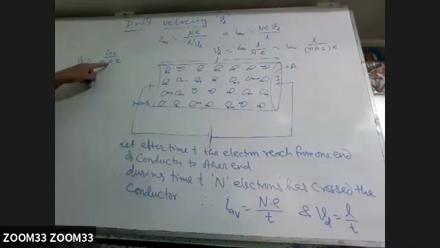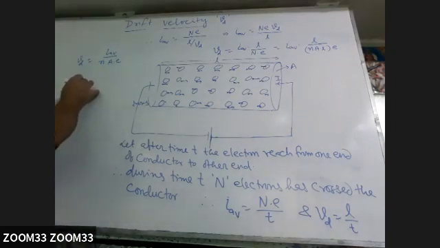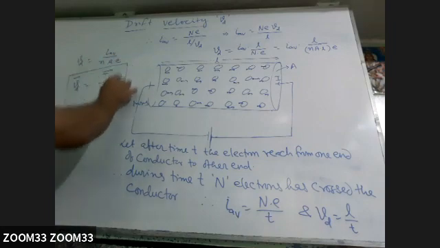Now I by A is J. So this drift velocity is J over n e. Drift velocity is a vector quantity, current density is also a vector quantity.